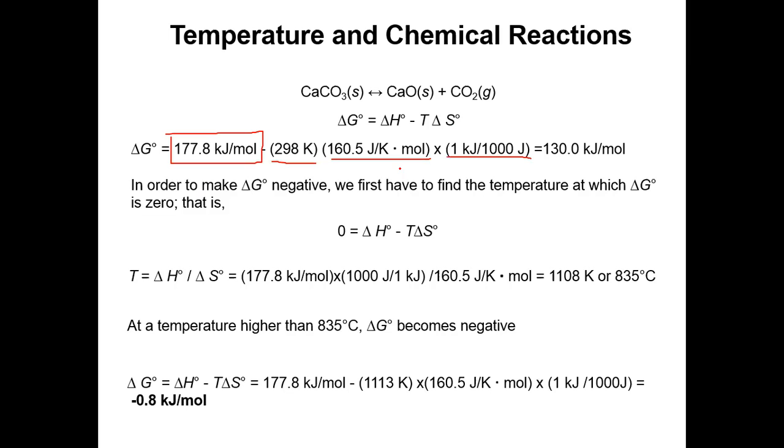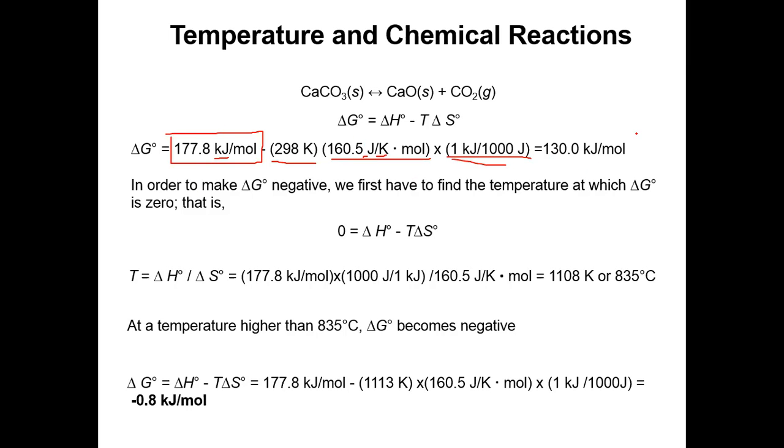Don't forget that entropy is joule per Kelvin, but enthalpy is kilojoule per mole. So you need to convert joule to kilojoule or the opposite to make normal calculations. So this is just the conversion factor, and then you can calculate delta G.